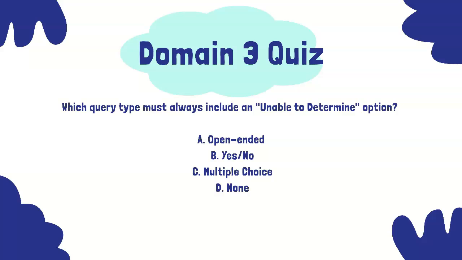What type of query, which query type must always include an unable to determine option?